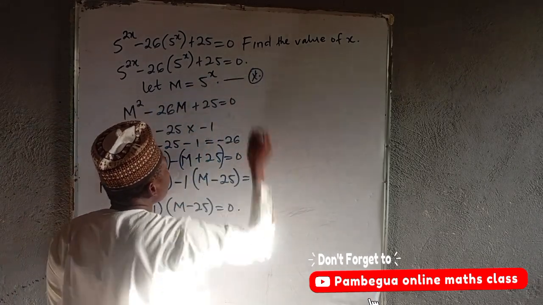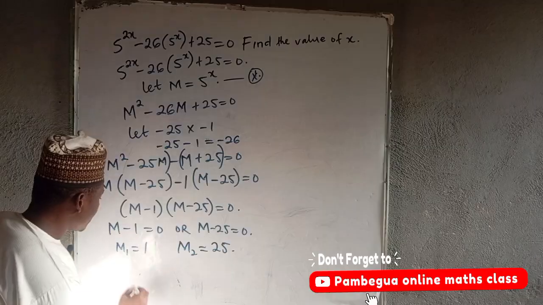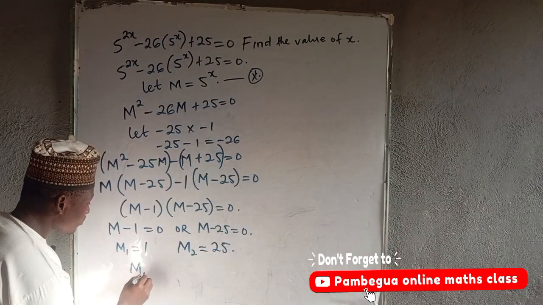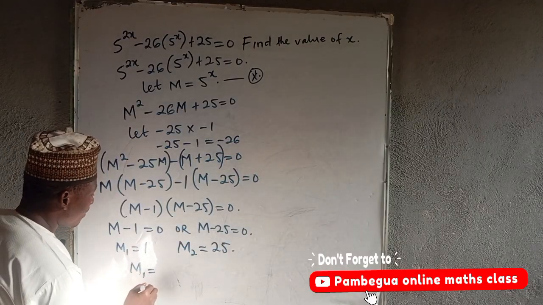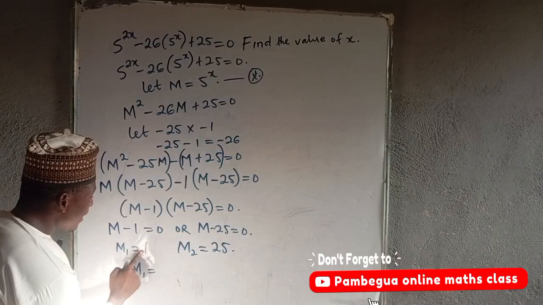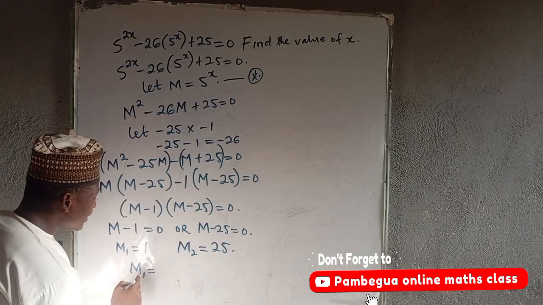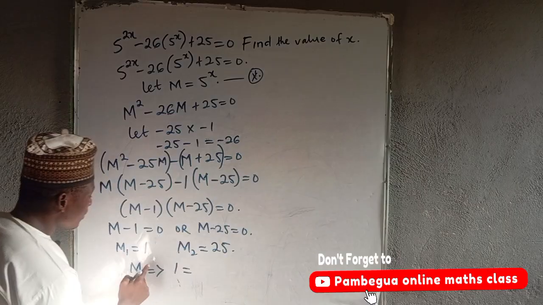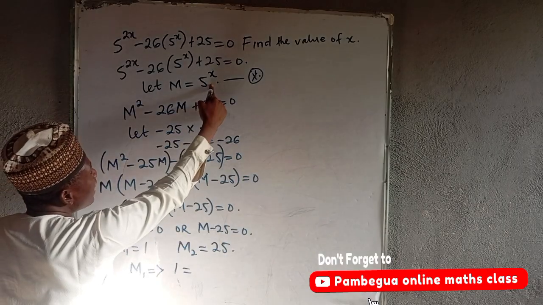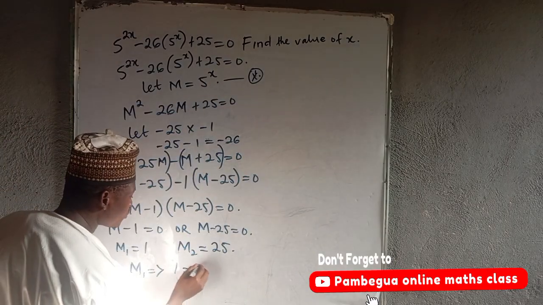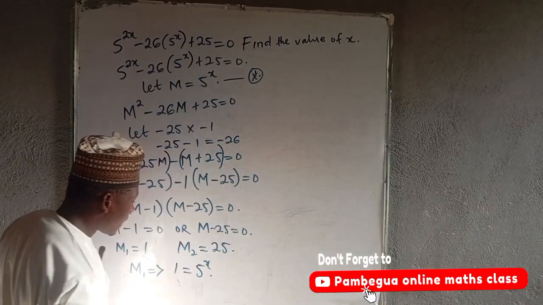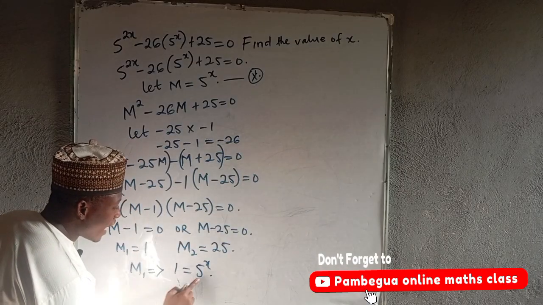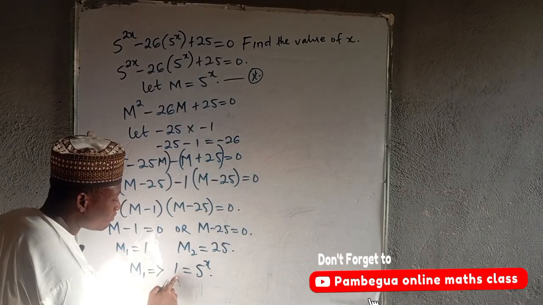Now in equation star, m1 is equal to 1, so 1 is equal to 5 raised to the power of x. How can I make 1 and 5 have the same base?